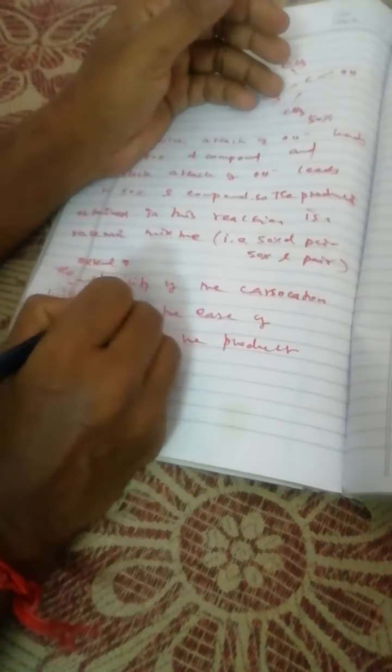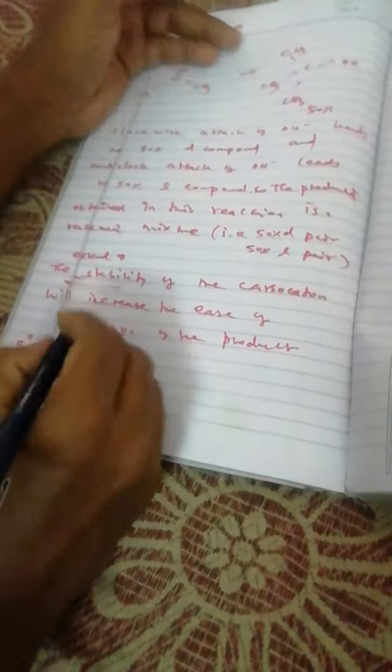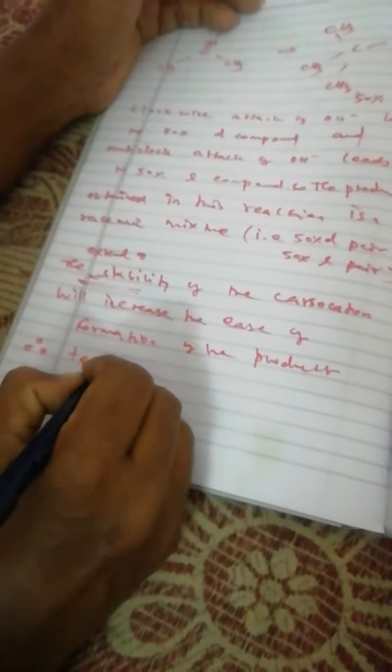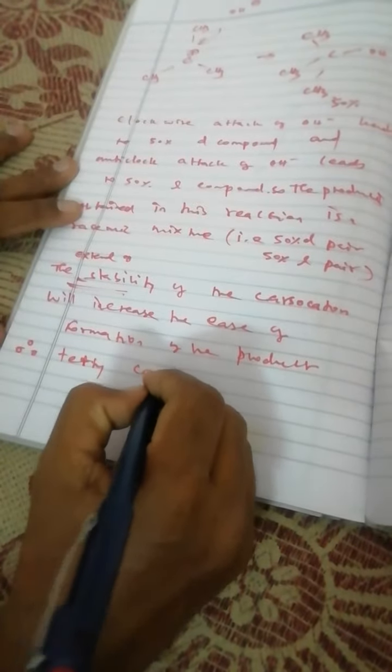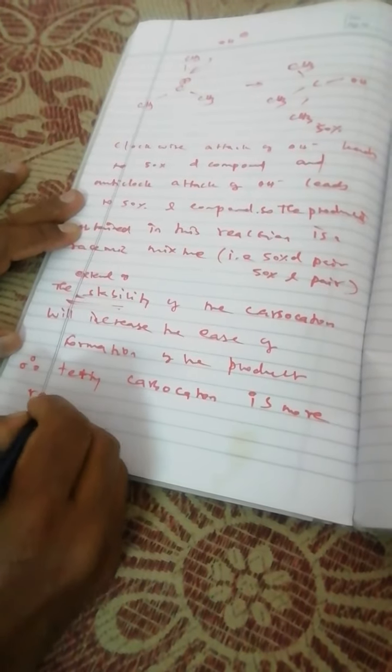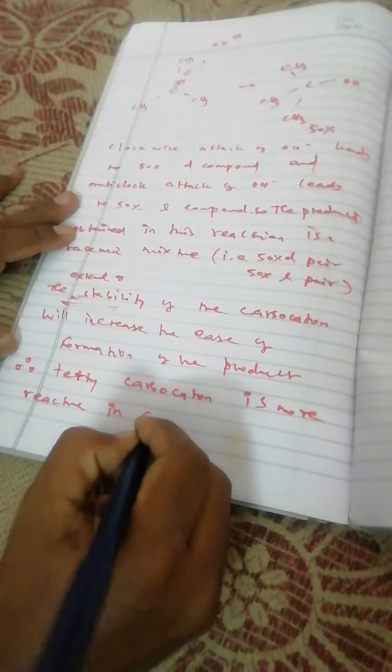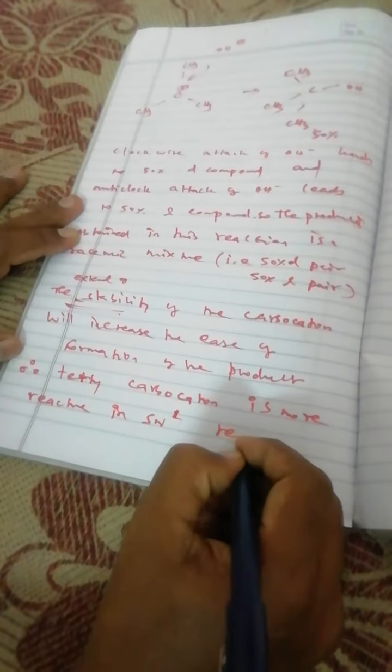Therefore the tertiary carbocation is more stable and more reactive in the SN1 reaction.